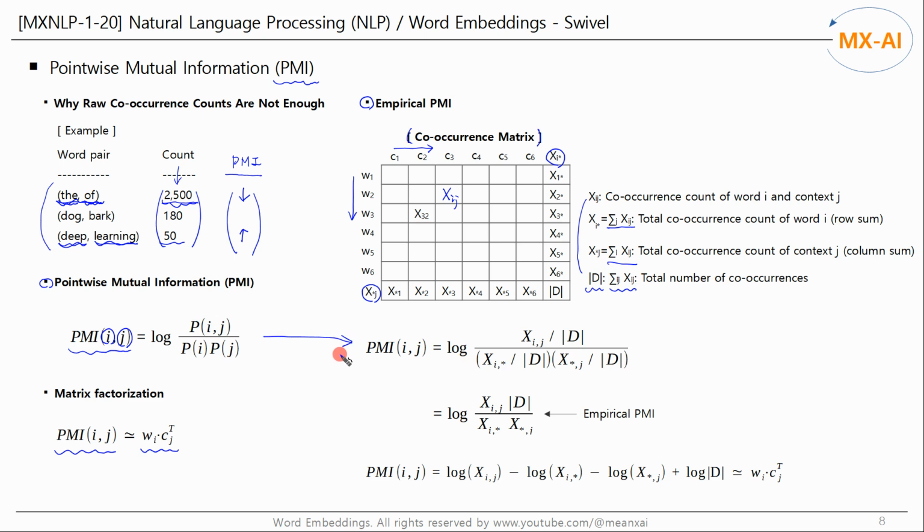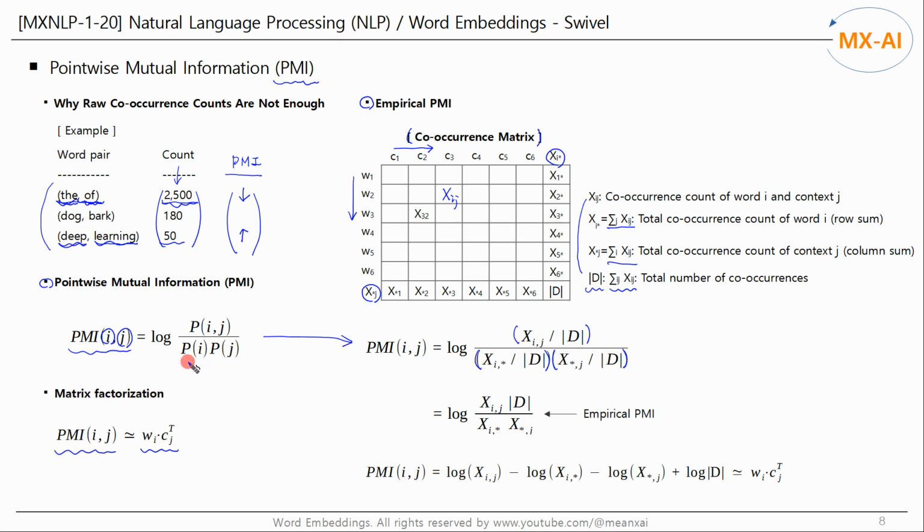Using these quantities, we can rewrite the probabilities in the PMI equation. The joint probability Pij can be written as Xij divided by |D|. Similarly, Pi can be written as Xi* divided by |D|. And Pj can be written as X*j divided by |D|.